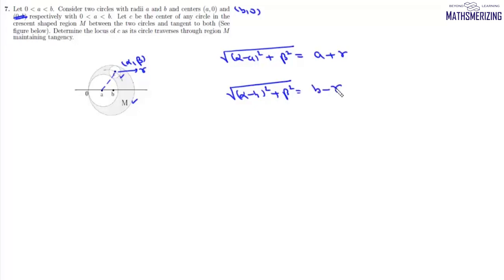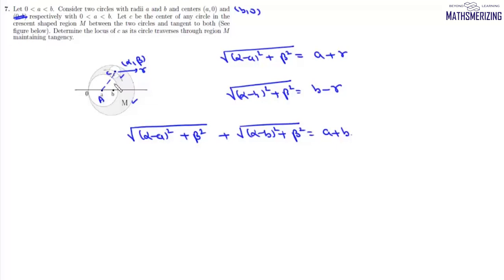Now we'll add them both. We'll get under root of (alpha minus a) square plus beta square plus under root of (alpha minus b) square plus beta square equal to a plus b. Now this distance is nothing but the distance between these two centers.